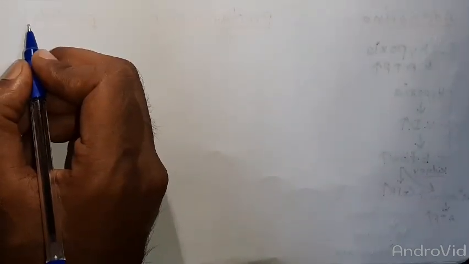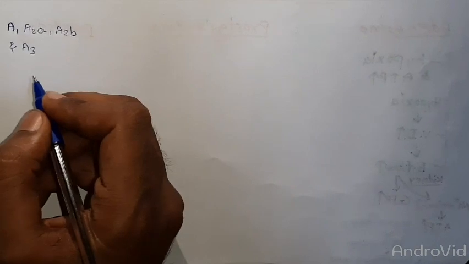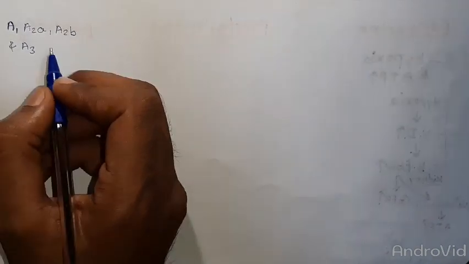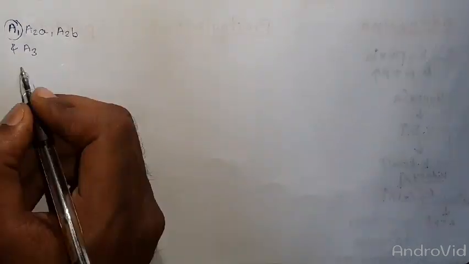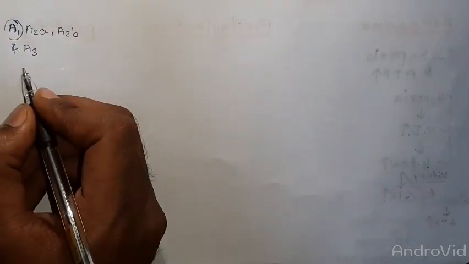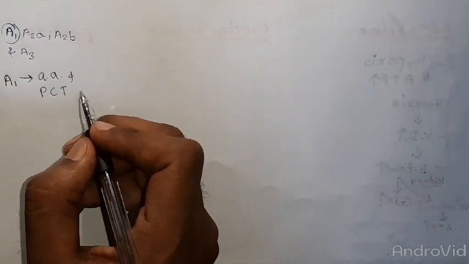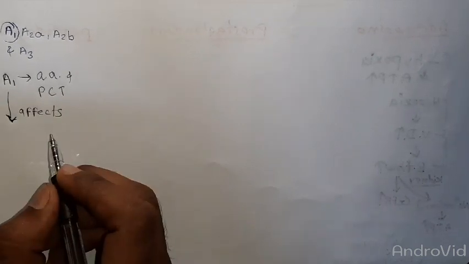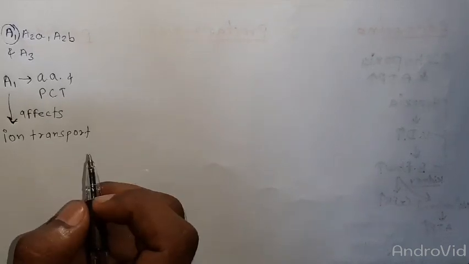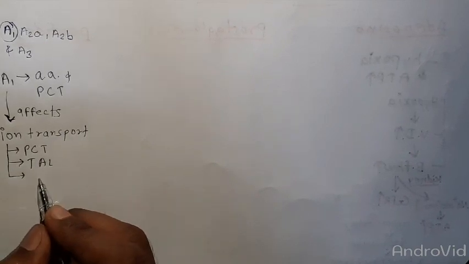There are four different adenosine receptors: A1, A2A, A2B, and A3. All are found in the kidney, but the most important is A1. The A1 receptors are found in the afferent arteriole as well as in the PCT and most other tubule segments. The A1 affects the ion transport of the PCT, TAL, and the collecting tubules.